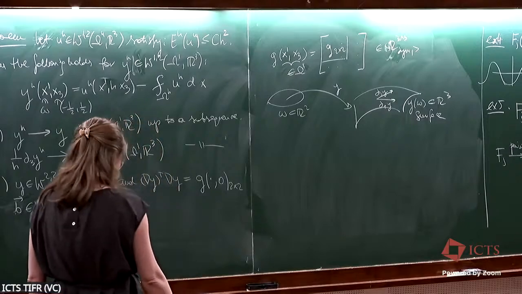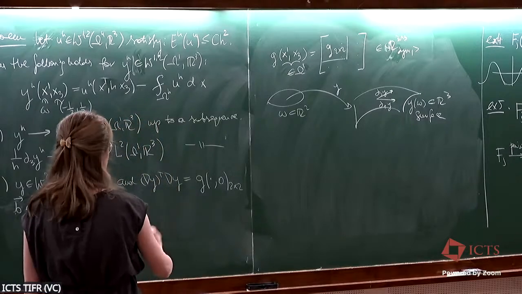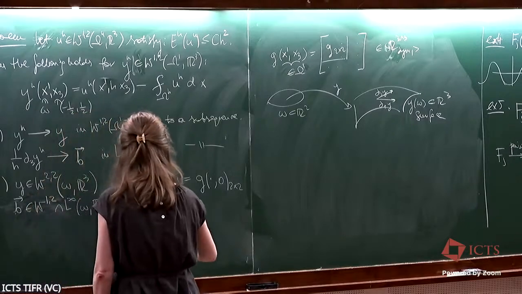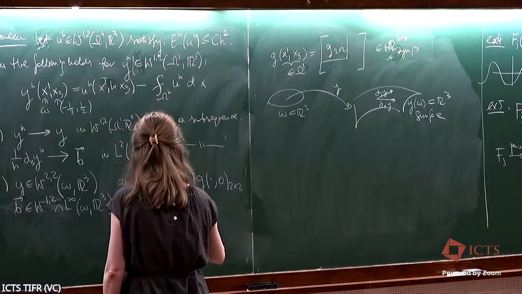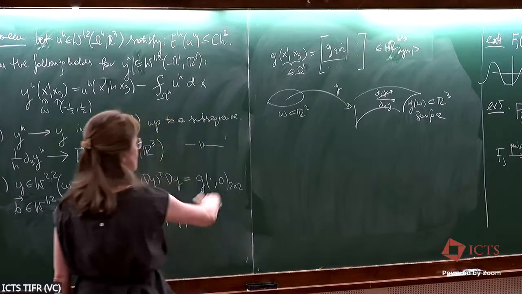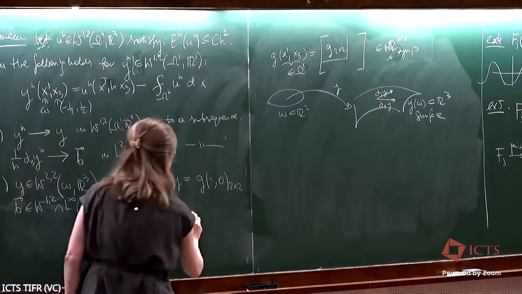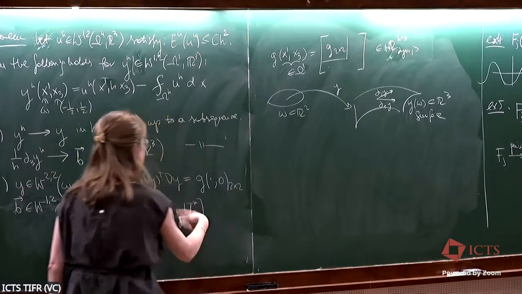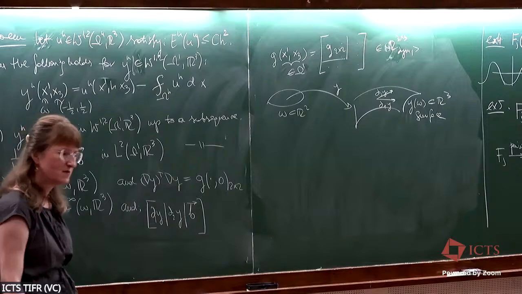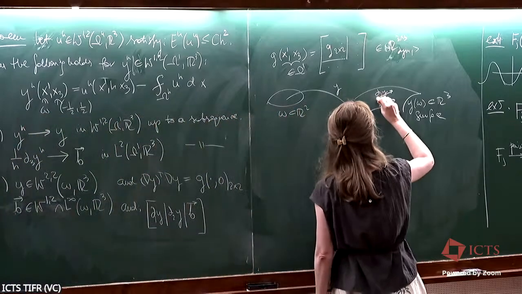What's the property of B? If I look at the matrix d1y, d2y, which are the tangent vectors, and I put B here as a third vector, now this is a 3 by 3 matrix.